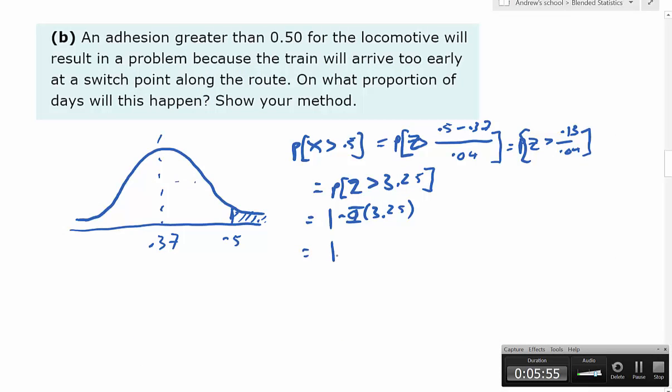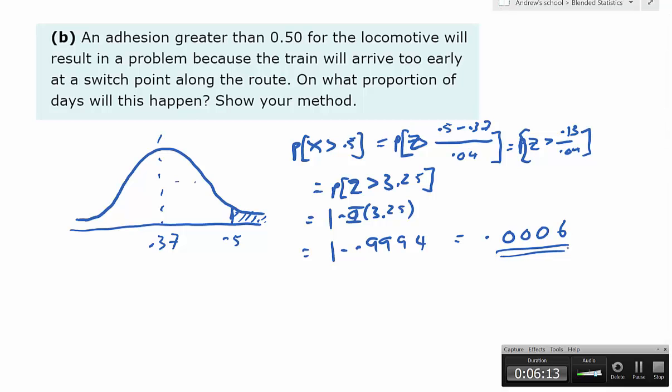So it's 1 minus 0.9994, which is of course 0.0006. So 0.06% of the time this train will arrive too early.